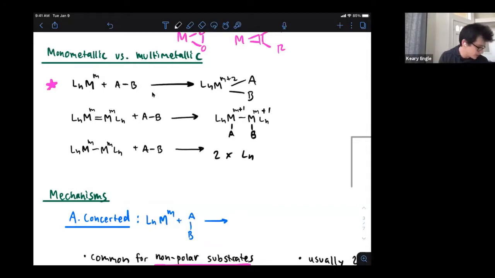And so I'm drawing this one here as a homobimetallic, but you could also draw it as heterobimetallic.